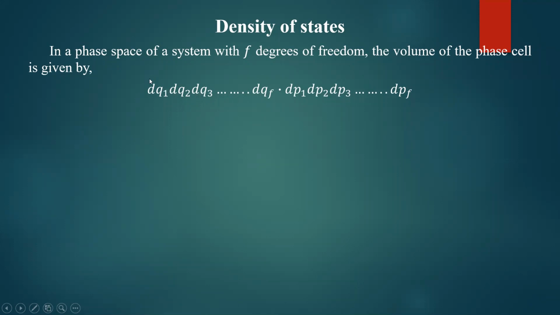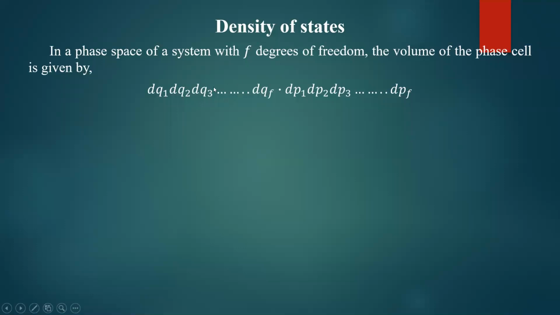You have to take the smallest element of q1, q2, up to qf, and multiply it by the smallest element of momentum in that particular phase space. That gives you the volume of the phase cell in the phase space considered.